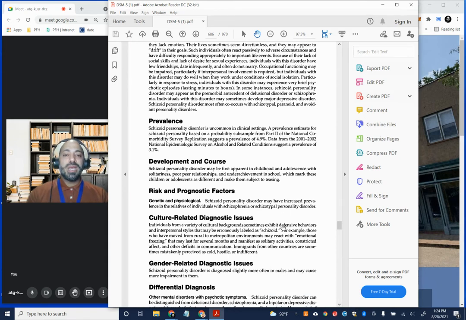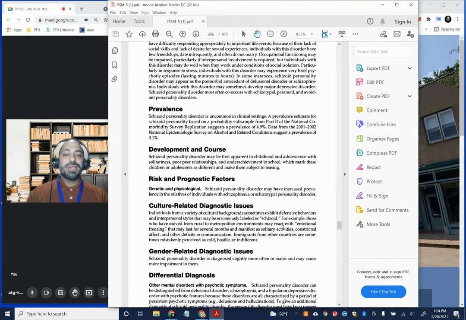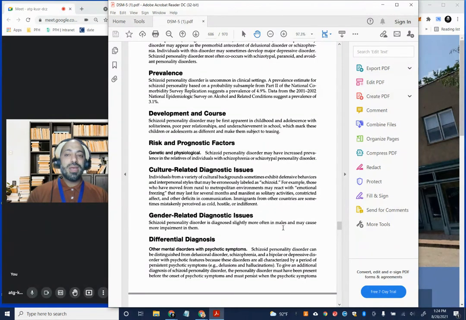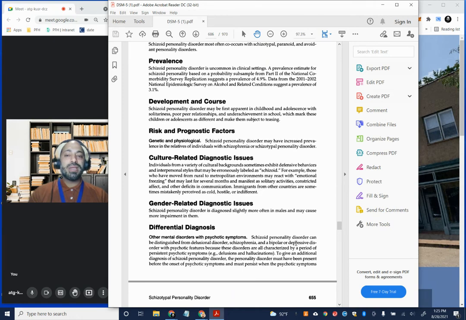There might be an increased prevalence based on genetics if there's a history of schizophrenia in the family. And then once again, if you can dive into the culture-related issues that occur, different cultures might experience these diagnoses in different ways based on their setting. This might exist slightly more in males.